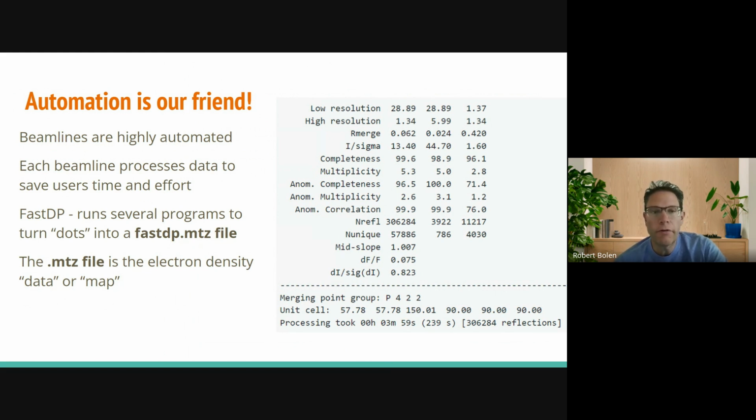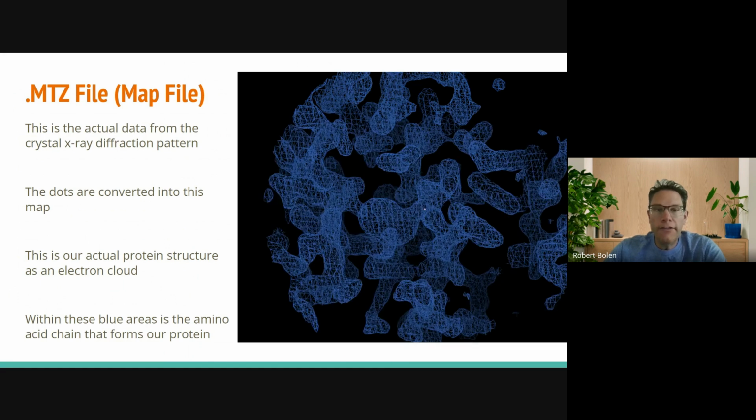And there are several programs that do this. One of the more common ones is called FastDP, which will turn those dots into a FastDP MTZ file. And that MTZ file is the electron density map that we want, which is going to tell us what our protein actually looks like, okay? And this is what that map file looks like, okay? So you can see you have these blue clouds here, which represent our electron density.